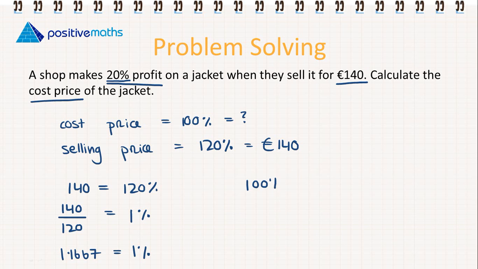So then 100% is going to be 1.1667 multiplied by 100. So for that we get 116.67. And not forgetting our units, that's €116.67.